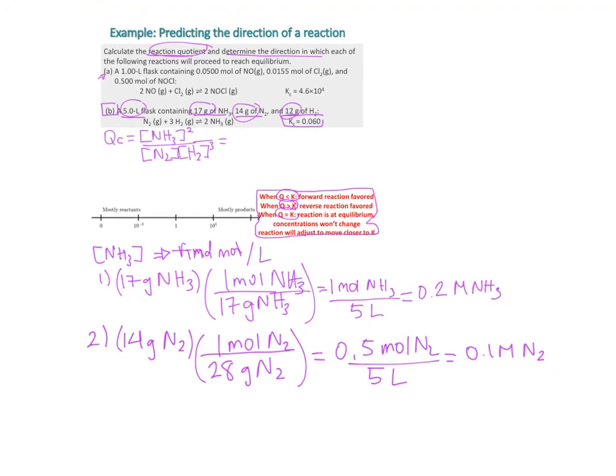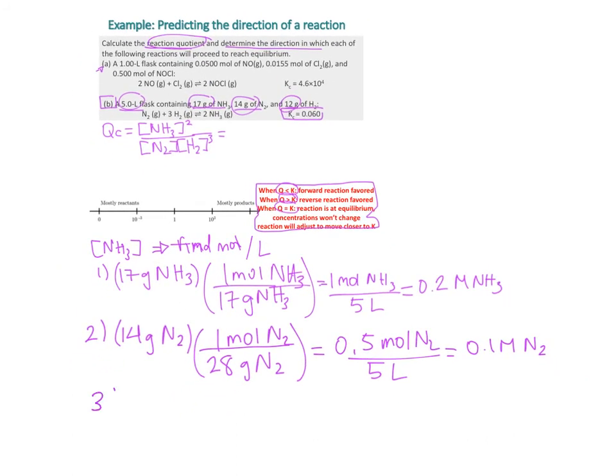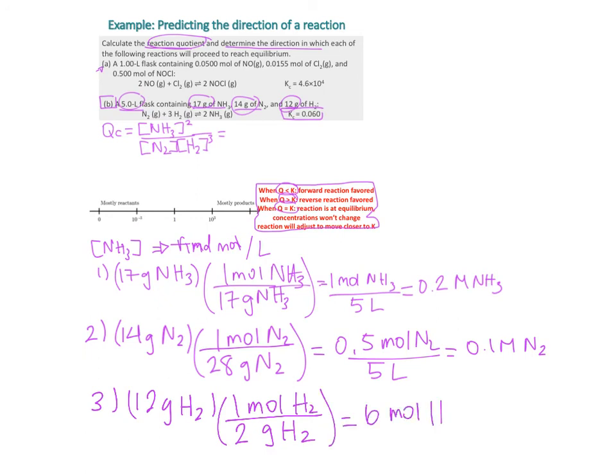And then finally, for H2, we have 12 grams. The molar mass of H2 is about 2 grams. So you get 6 moles of H2. Divide this by the 5 liters, and then we get 1.2 molar H2.